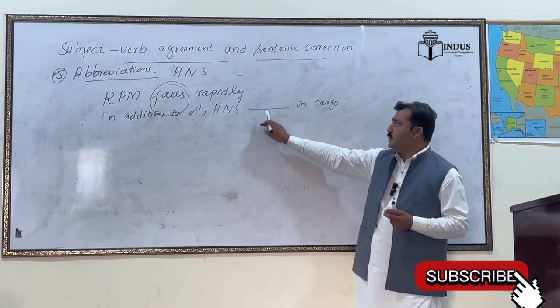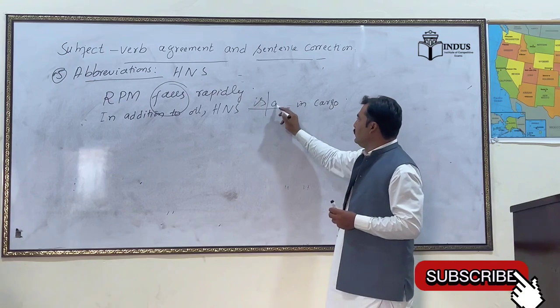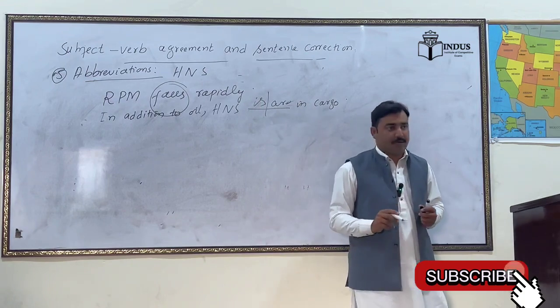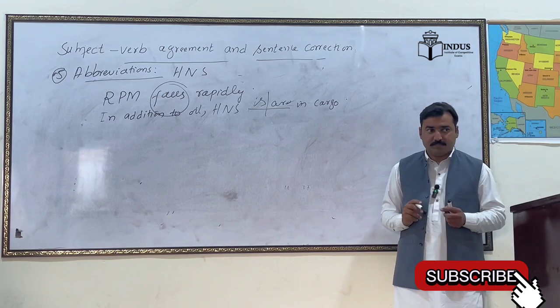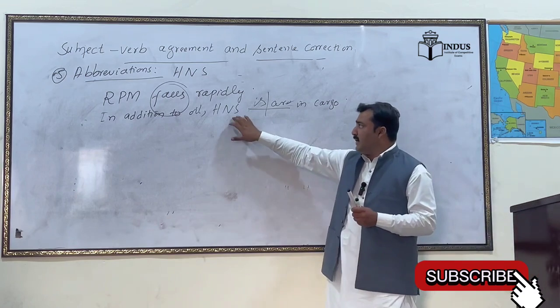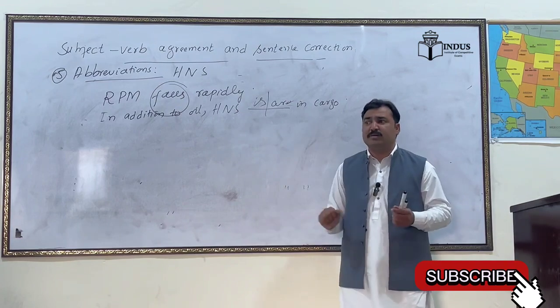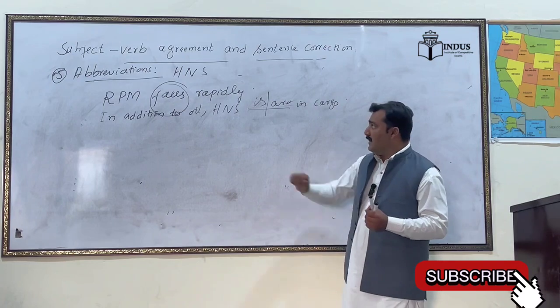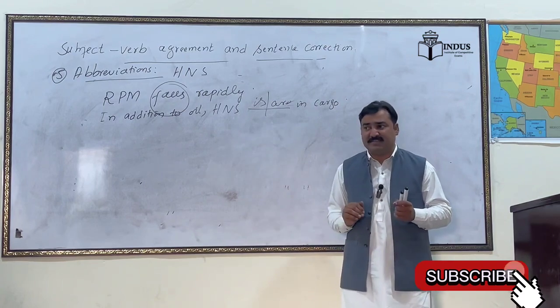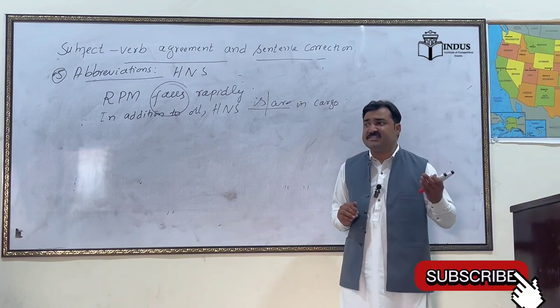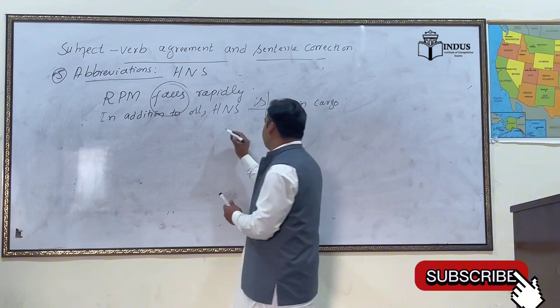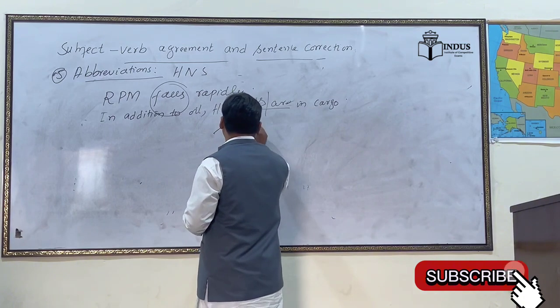Now here we will use is or are, because if you pronounce it, the full form of it becomes plural. What is the full form of HNS? Hazardous noxious substances. Remember the end word, substances.